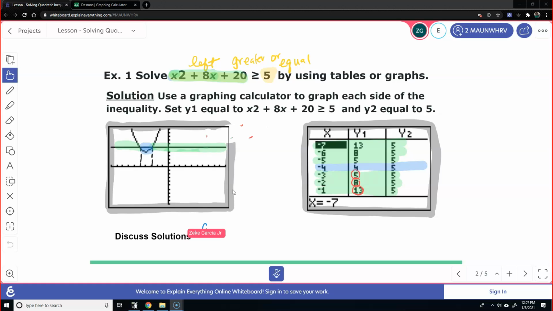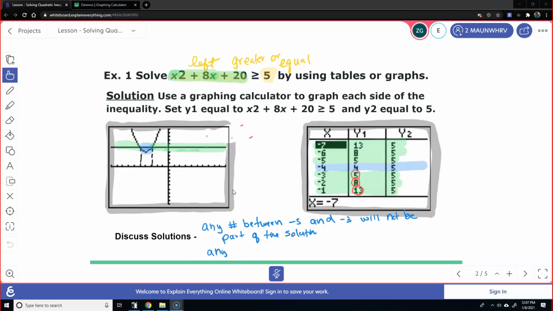So any number between -5 and -3 will not be part of the solution.